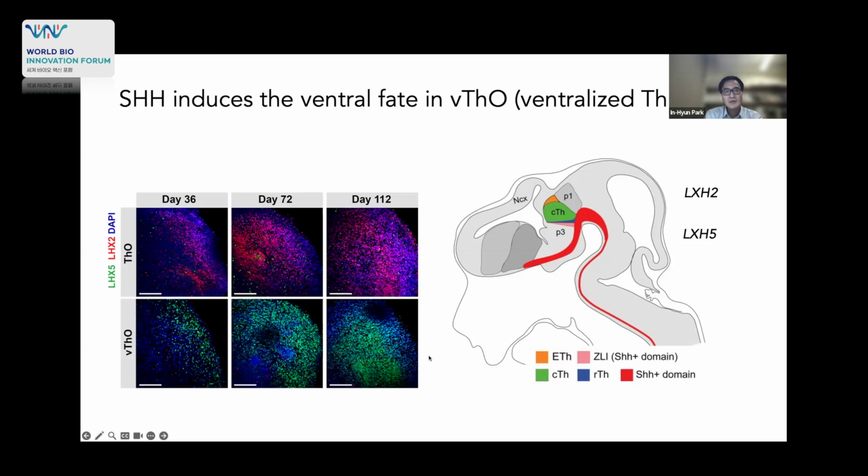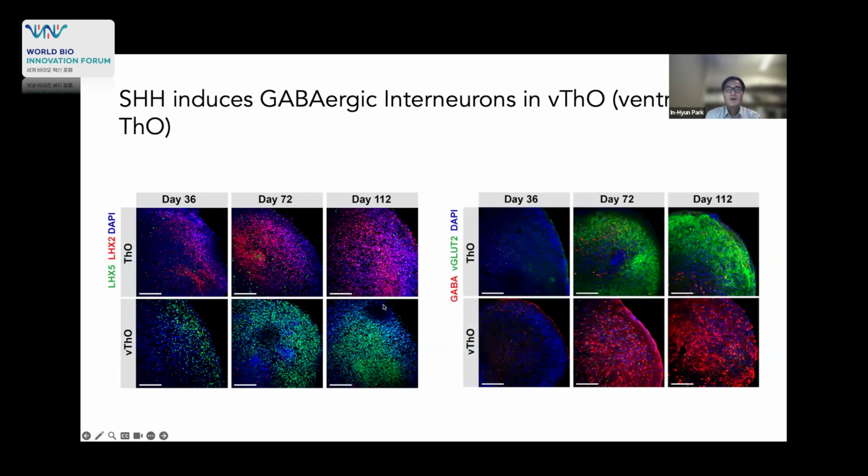However, when we added sonic hedgehog, you now see that this ventrally fated thalamic organoid contains cells that express LHX5, which represents the ventral part of the thalamus. Moreover, we tried to understand the neural fate of these dorsal and ventral thalamic organoids.